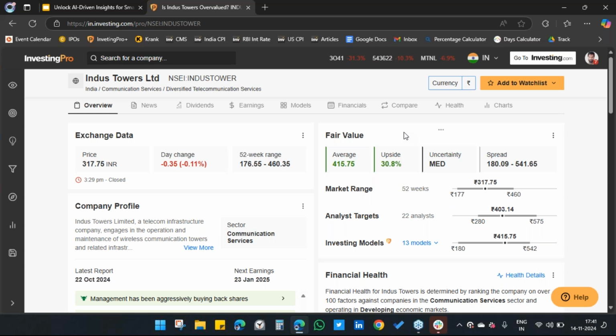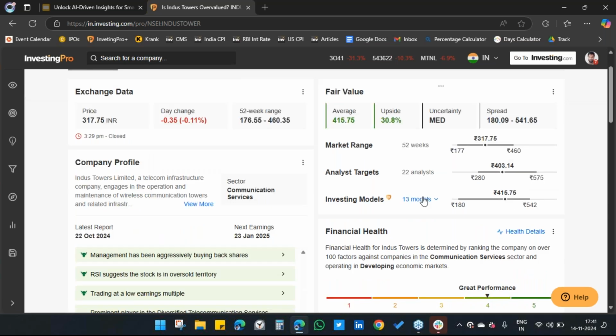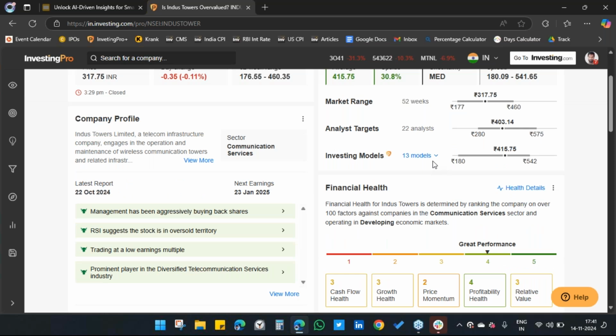Obviously, you need a lot of skill set to do financial modeling, which can even take weeks to just model one company or stock, but it's been done automatically here in Investing Pro for every stock, including the Indian stocks. So here, for example, for Indus Towers, 13 financial models have been used, and every model uses its own data points and own methods to find out the intrinsic value of the company.